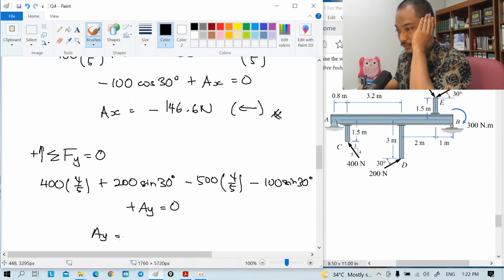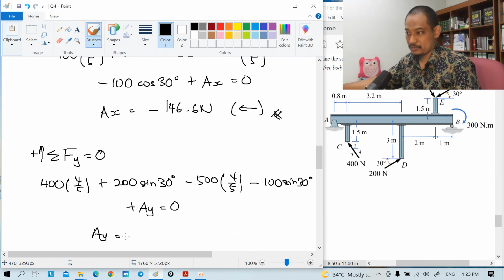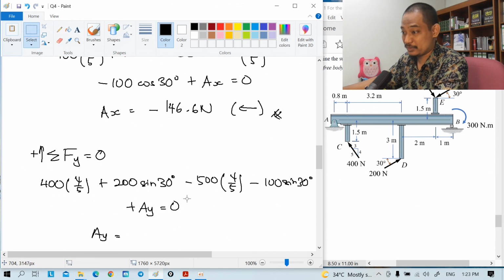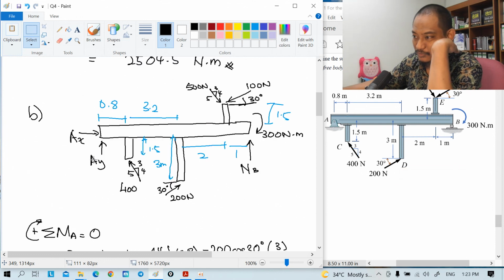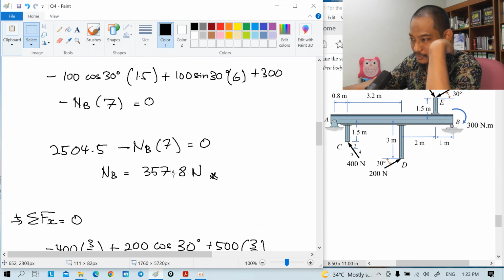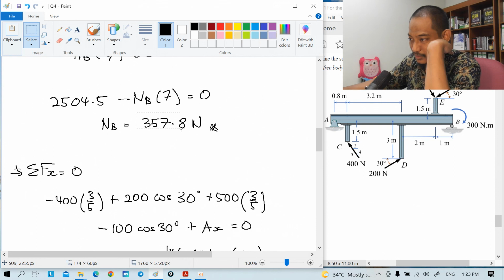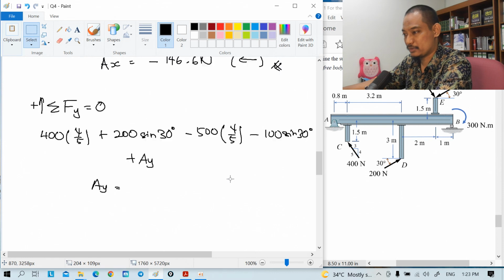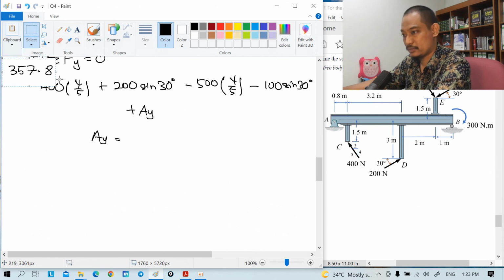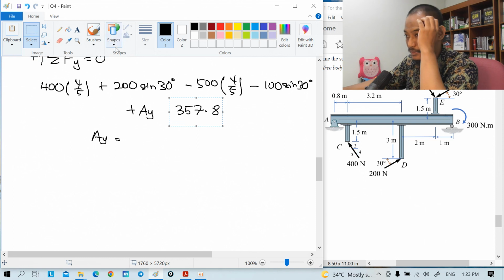So Ay equal to, oh sorry, wow, it's so bad doing. Okay, two things, because I'm referring here, I should refer to this free body diagram, right? Then I noticed that Ay is here, NB is here, so NB is this one, right? So I should also add this one. Right. Ya Allah.